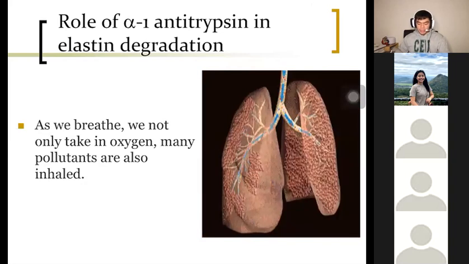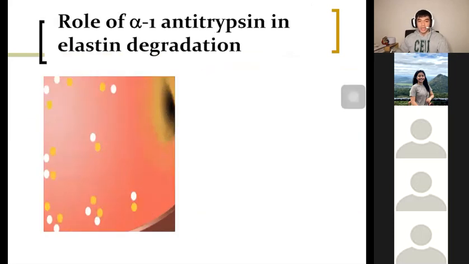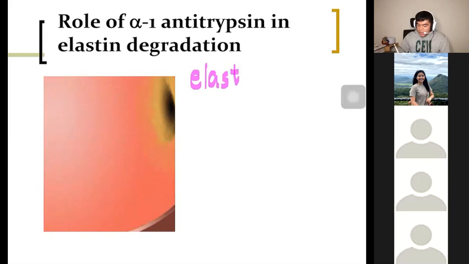So as we breathe, we not only take in oxygen, but other pollutants as well. Thankfully, in the animation shown, we have the white ones, the ones that look like Pac-Man. Can you see the white ones? The name of the white ones is elastase.